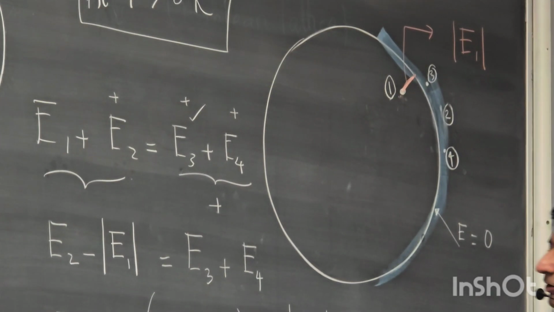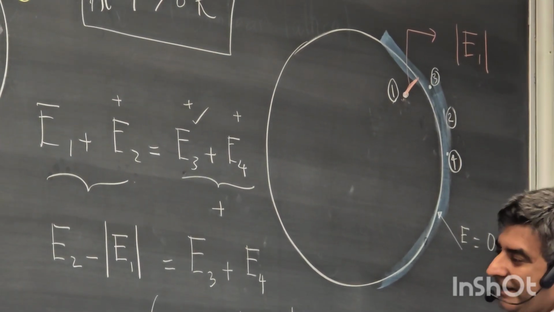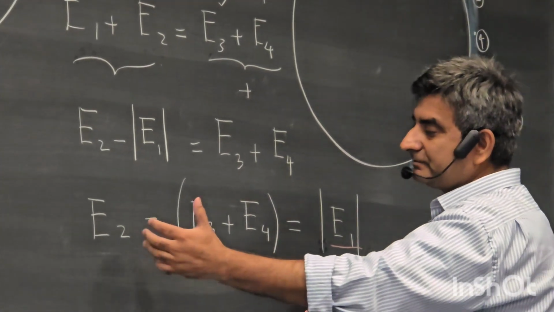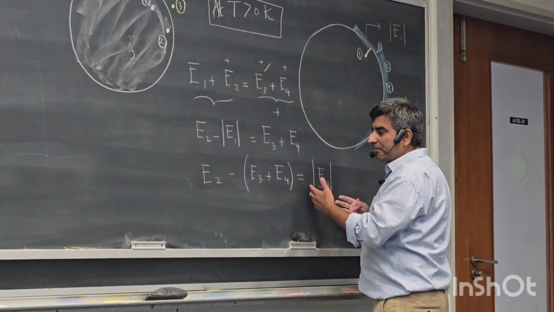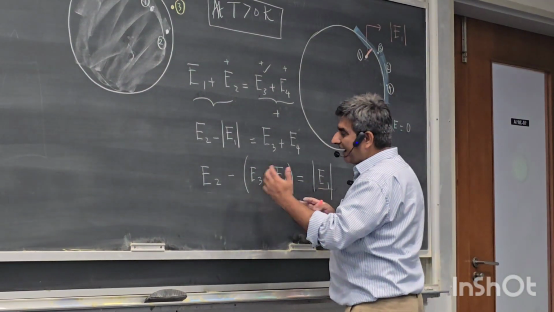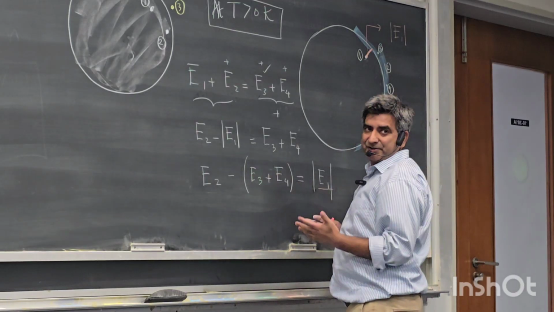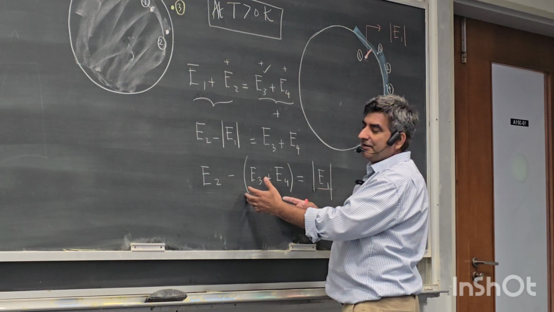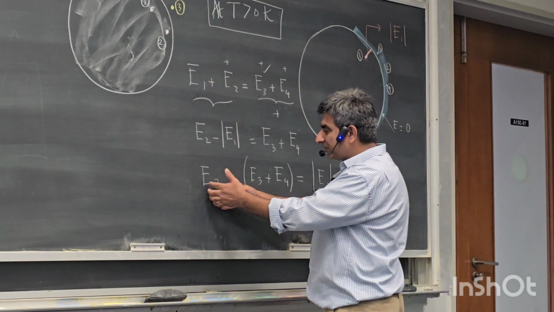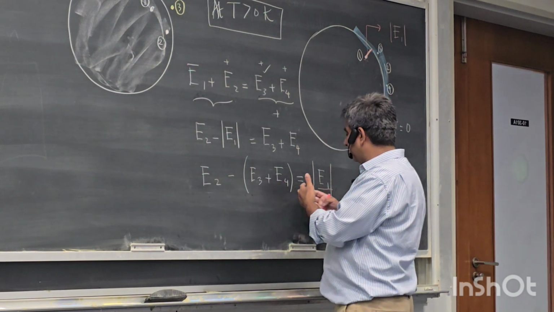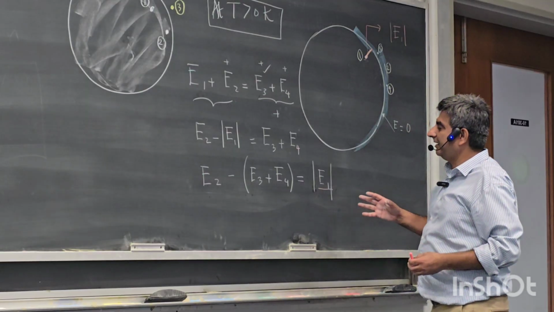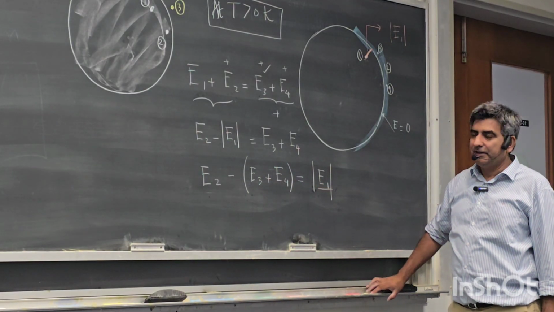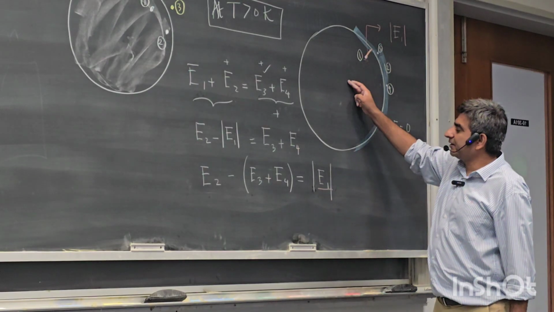So this modulus of E1, with E3 and E4 being some fixed values, means that this object has to be within a certain range. Depending upon the relative sizes of E2, E3 and E4, this object has to satisfy this constraint. E1, this distance cannot be very large.